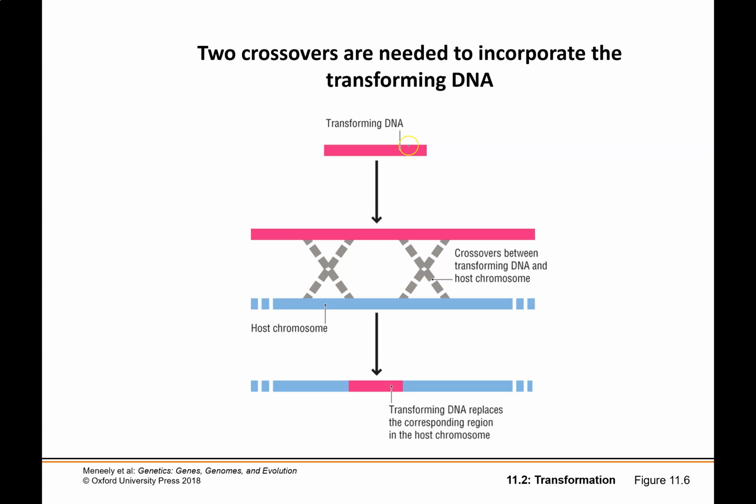This transforming DNA, this DNA that's coming in, has to have a sequence that is similar to the host genome. When we talked about recombination in eukaryotic cells, homologous chromosomes line up because their sequences are similar. So this transforming DNA works on the same principle. It has to have a sequence that is similar to the host DNA.